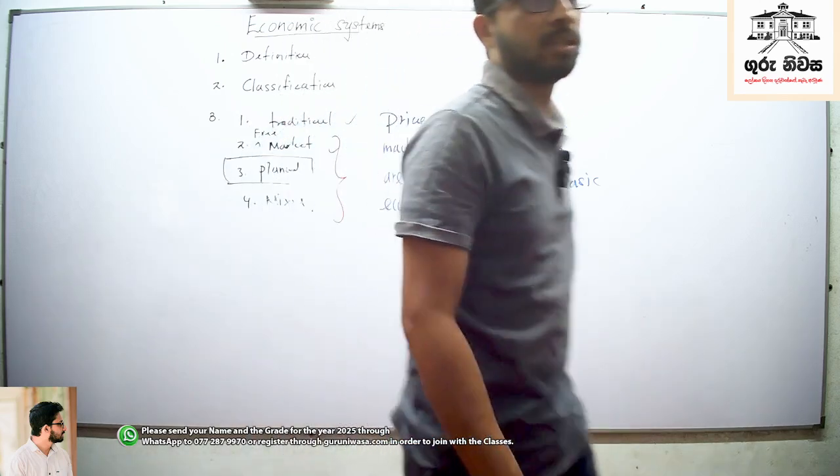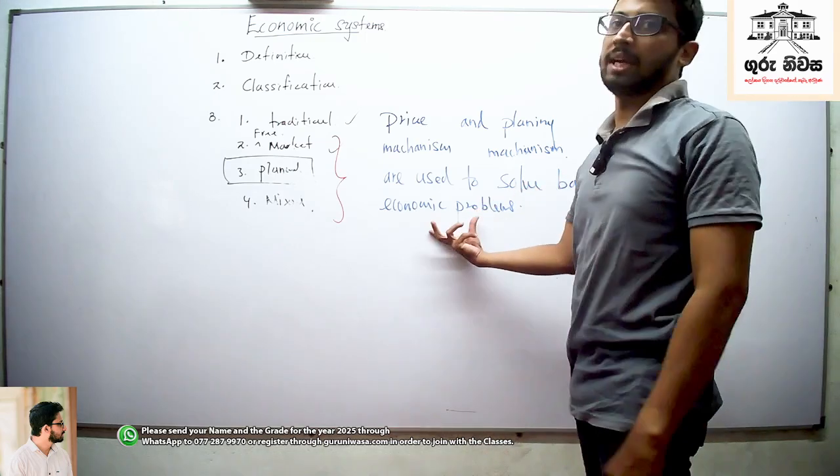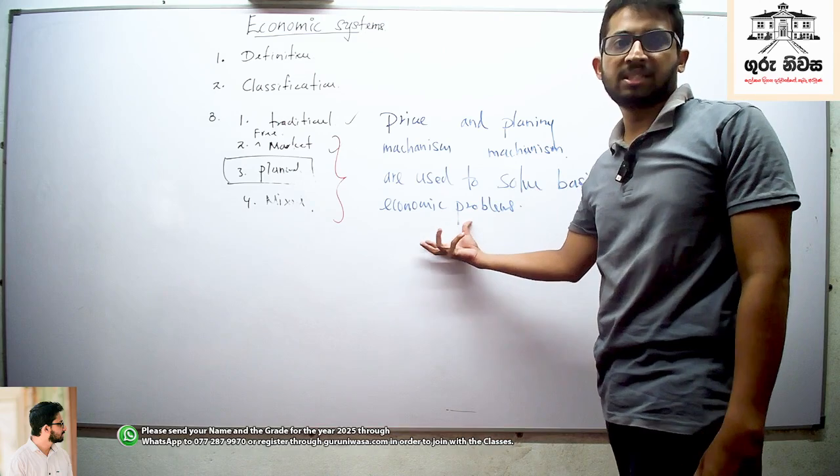You can use property ownership as well. You can say it's the economic system in which properties are owned by both the private sector and the public sector. But this is more natural. This is technically the perfect definition for a mixed economy.